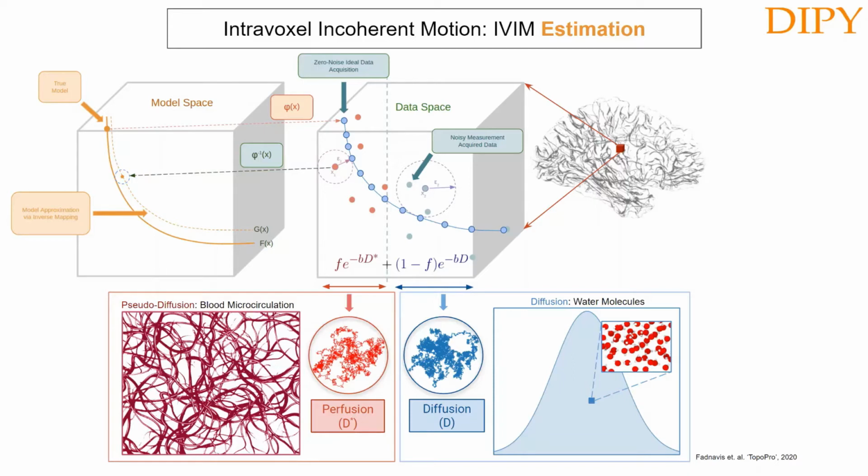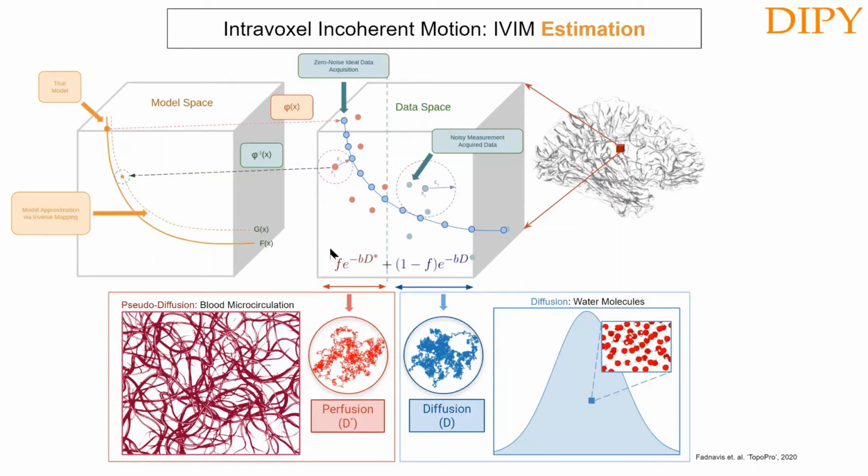So generally we acquire a lot of samples at b-values from 100, 200, 300 to 1,000. And at b-values less than approximately 400, that is where the perfusion process begins to confound the signal, and that's where the IVIM signal is modeled.